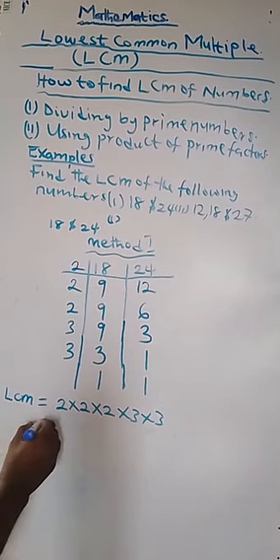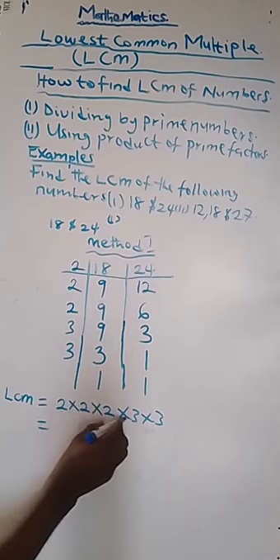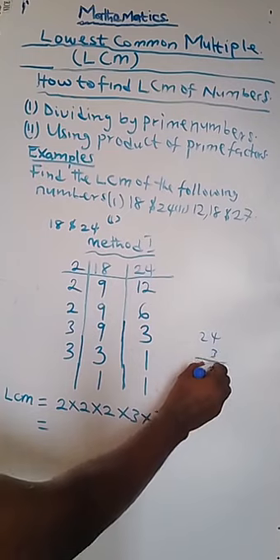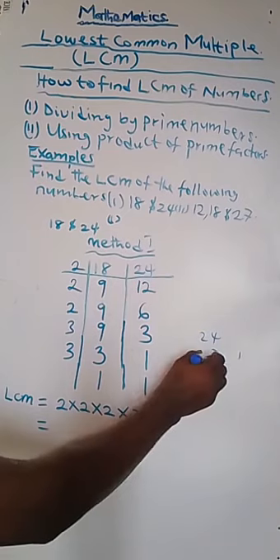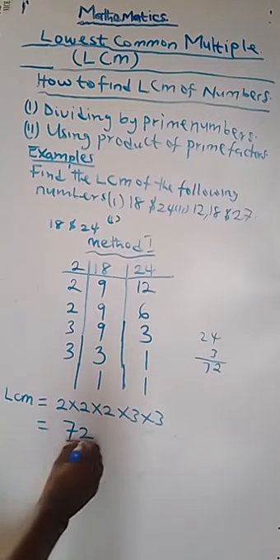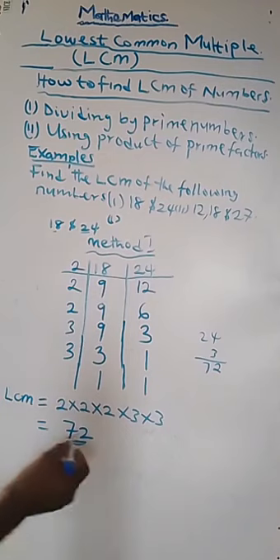Then you multiply out. 2 times 2, 4, times 2, 8. 8 times 3, 24. Then 24 times 3 is 72. So the LCM of 18 and 24 is 72.